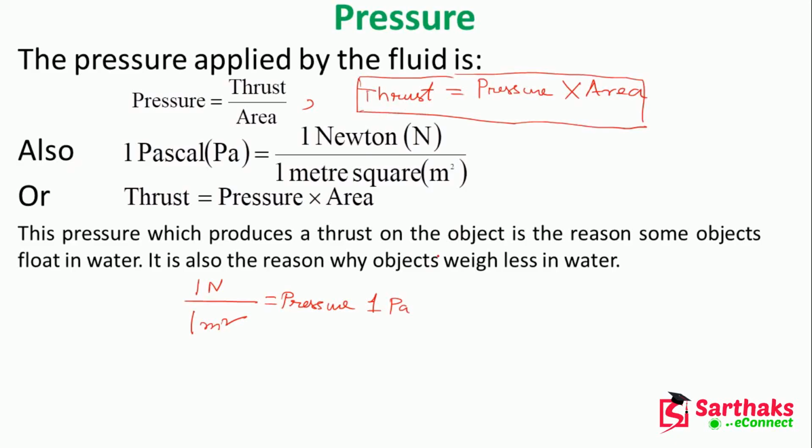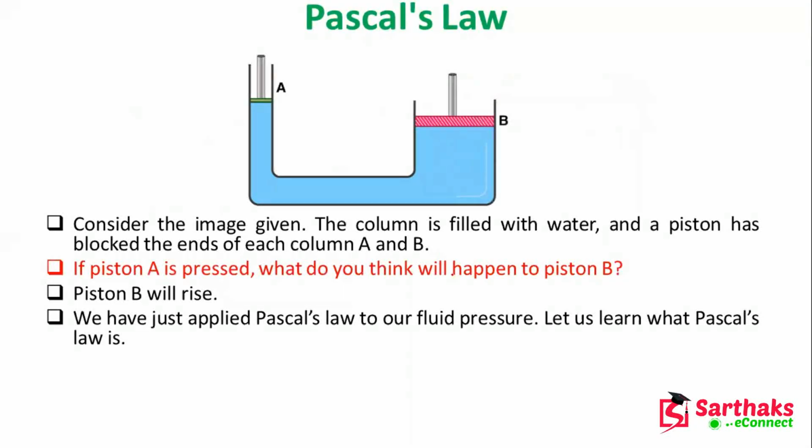So this pressure produces the thrust on the object, and whether some object will float in water or submerge depends on how much pressure you have, or how much is the thrust and how much is the weight of the object. So here, for Pascal's law, just see this arrangement.